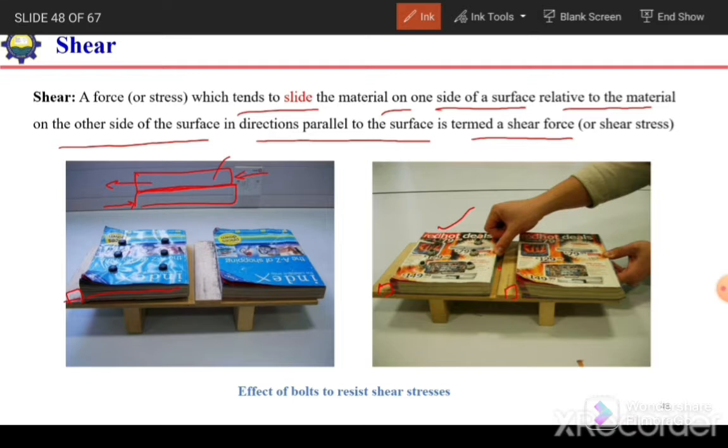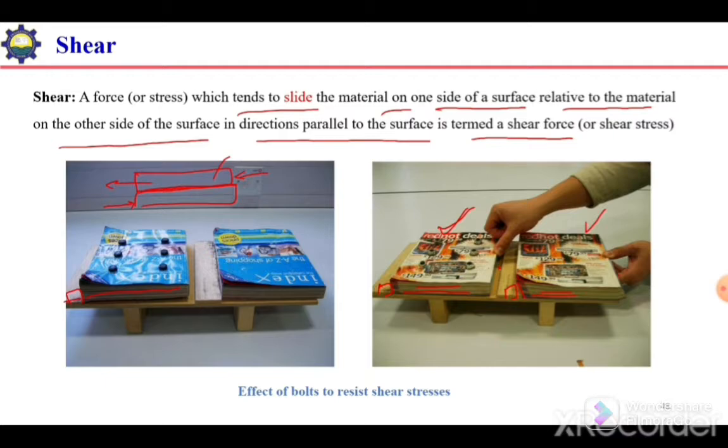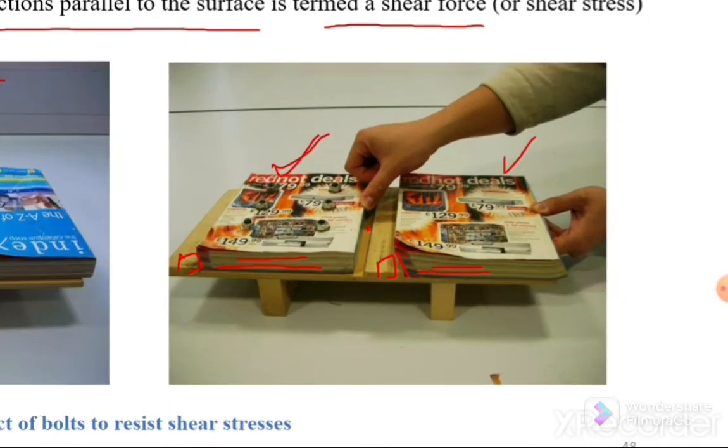In the first case, where we have provided the bolts, under the application of load there will be no slide between the pages. But in the second case, with just a small force, the pages will slide over each other and move relative to each other. So here we have shear resistance, but in this case we do not, and the force that we have applied has caused sliding between the pages. This type of force is termed shear force, and the resistance provided by these bolts is the shear resistance.